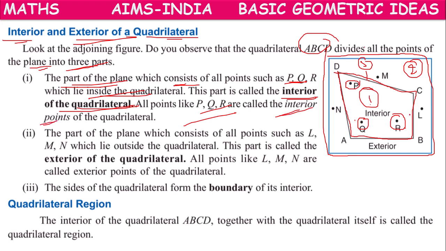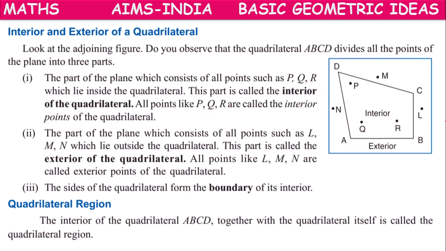The points like L, M, N are outside the quadrilateral, without touching the quadrilateral. They are outside the quadrilateral. So this outside part is called the exterior of the quadrilateral, and these points are called exterior points.